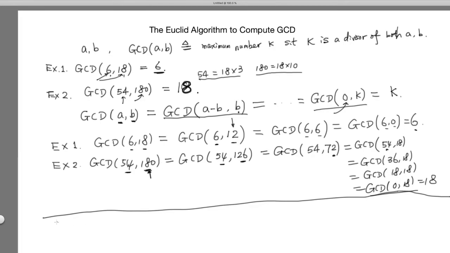So here we have an extended or refined Euclid algorithm. Instead of using the difference to replace the large number, we use the remainder.